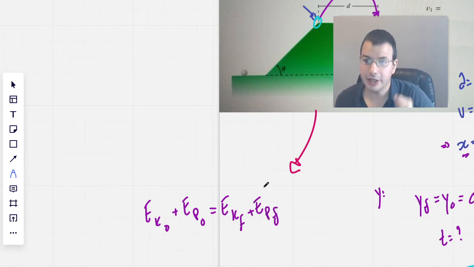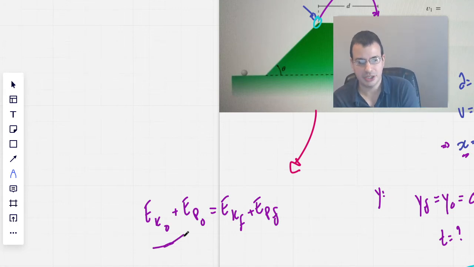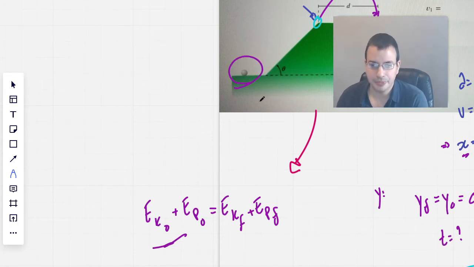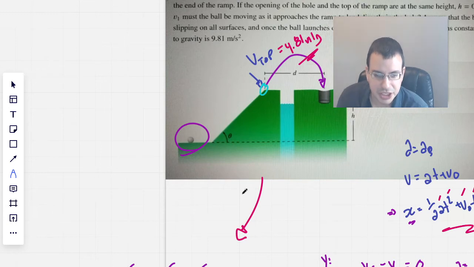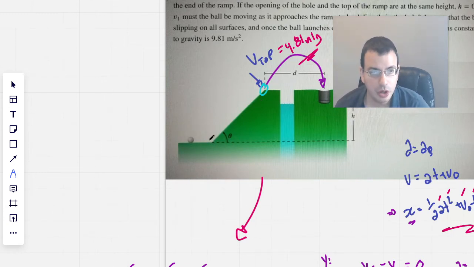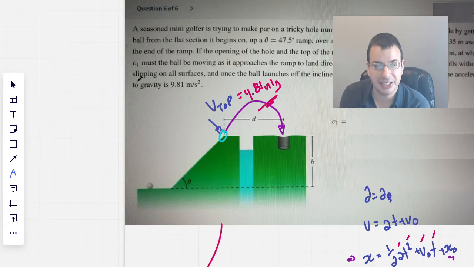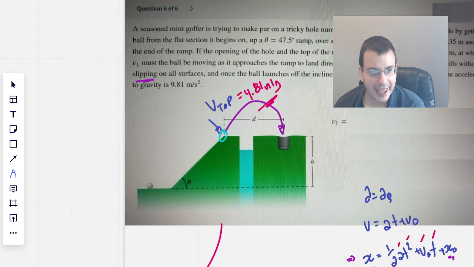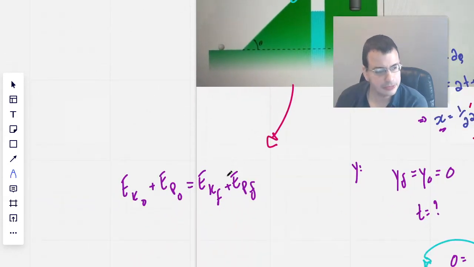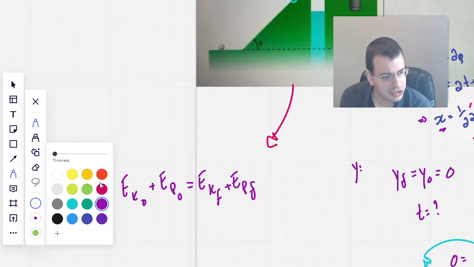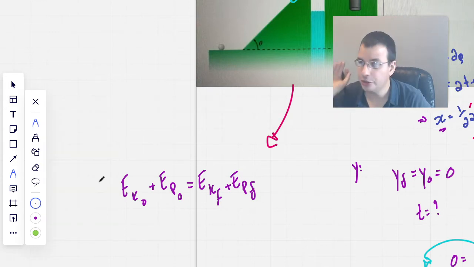So the idea here is this is how much energy it has at the bottom. This is how much energy it has at the top. And they're going to be equal because we don't have any energy loss due to friction because it rolls without slipping. It means no energy loss due to friction. So we're just going to have an energy transfer from potential to kinetic.